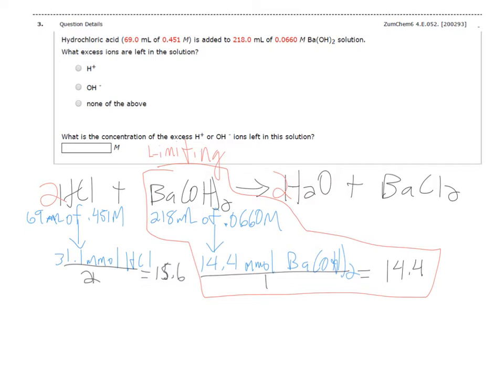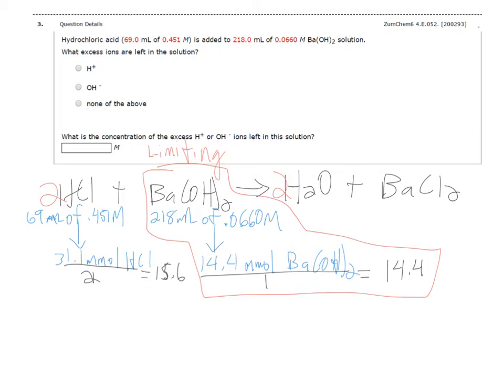Now, we can already address this first part of the question. What ions are in excess in the solution? Well, if we know that barium hydroxide is the limiting reagent, that means all of the hydroxide ions will be used up.